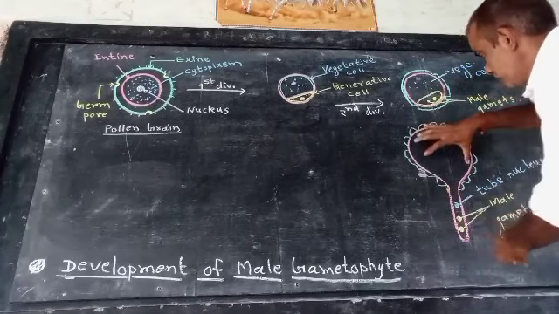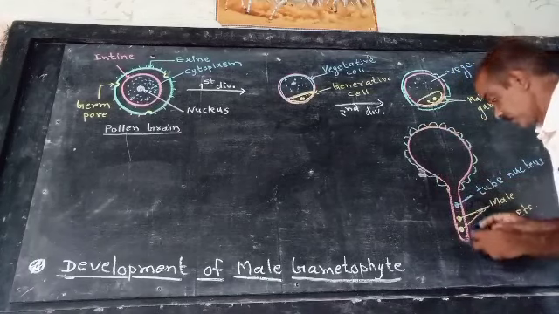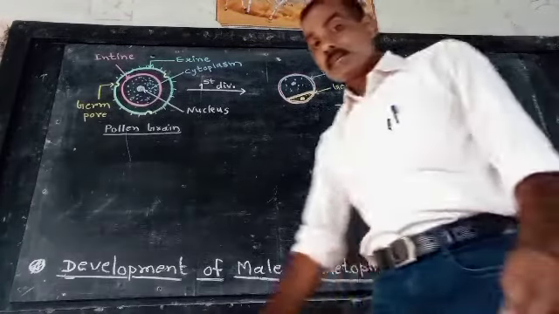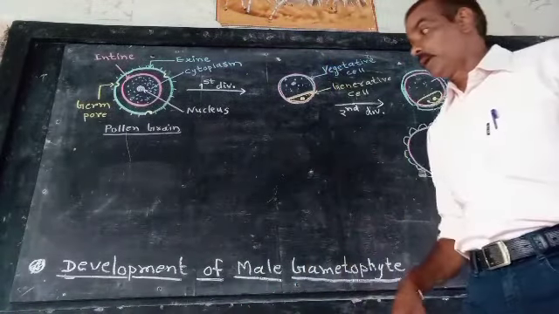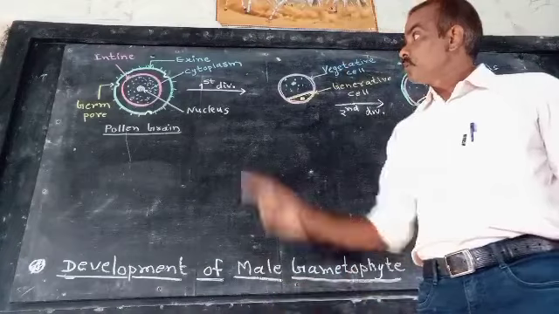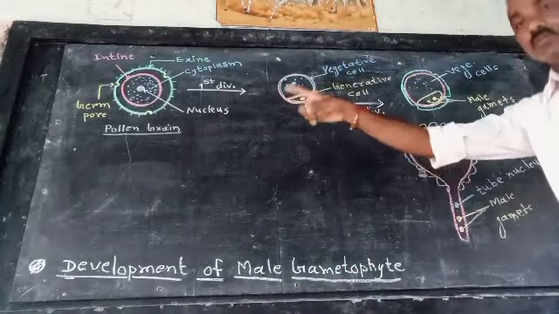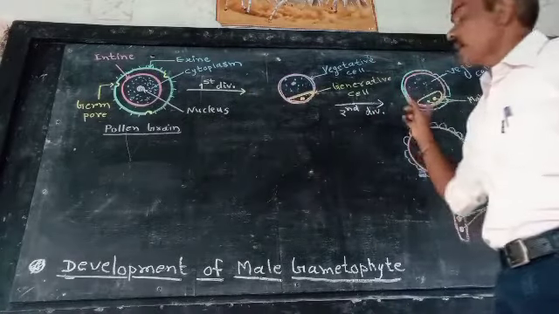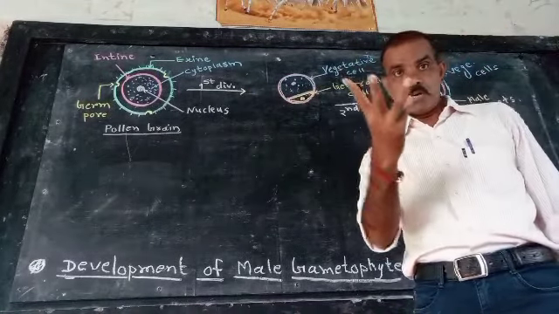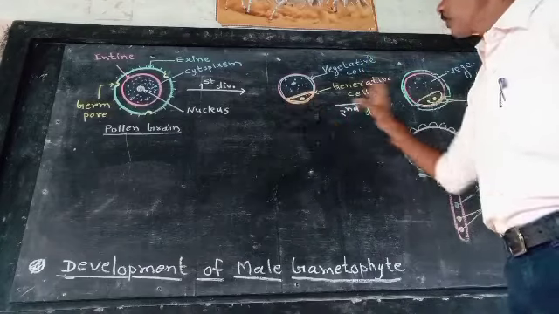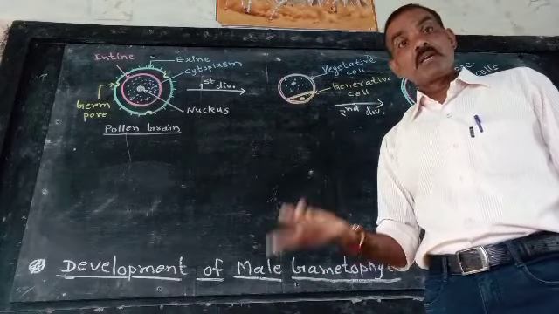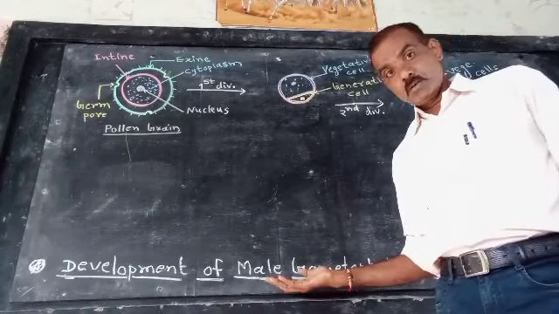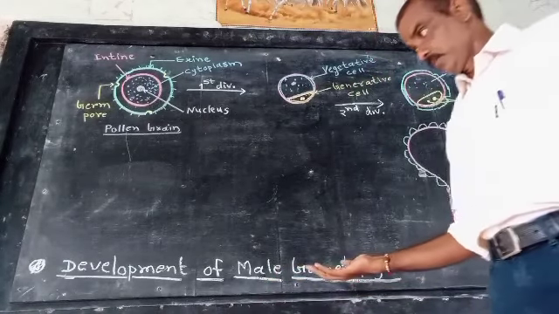Thus, a pollen grain having a pollen tube containing two male gametes and one tube nucleus is called male gametophyte. Sometimes only four diagrams are asked for 3 marks. Sometimes four diagrams with explanation, describe the development of male gametophyte, is also asked in the board exam.